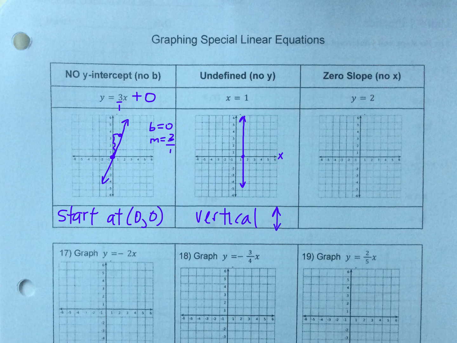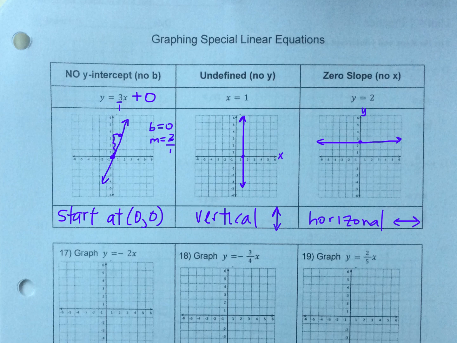Y equals 2 on the y line, which is this top line, top or bottom. I'm going to go up to 2. And this has 0 slope. Remember, when it's straight across, it's no slope, 0 slope. This horizontal line, and it's always a horizontal line, side to side.